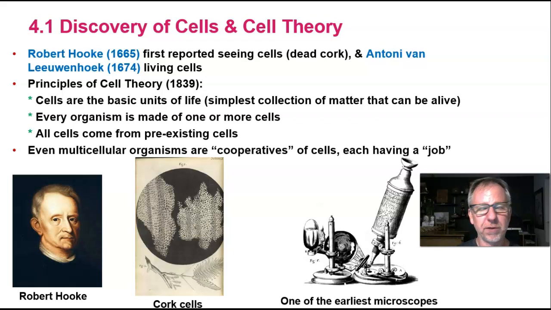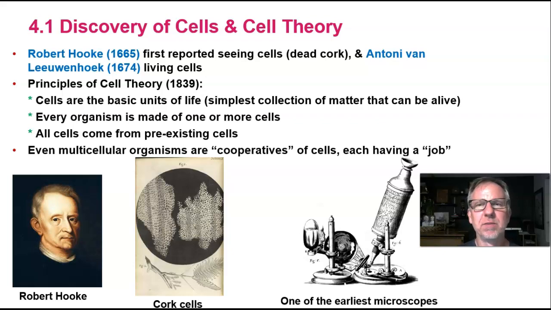Cells were first discovered a couple hundred years ago, way back in 1665. Robert Hooke, an engineer in England who had an interest in science and biology, had access to microscopes, which had recently been invented earlier in the century. He prepared a piece of cork, which comes from the bark of a tree, and looked at it through a microscope, maybe much like the one you see in the bottom right-hand corner of the slide, using candlelight.